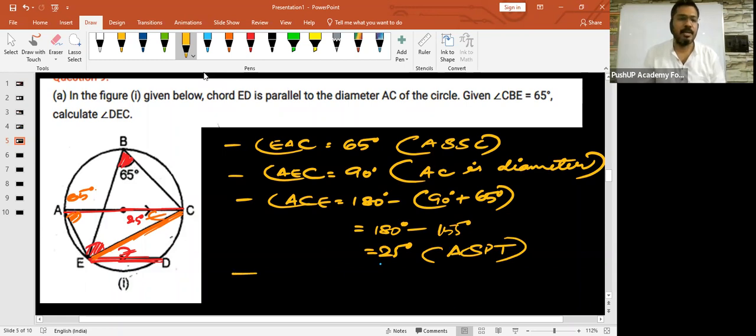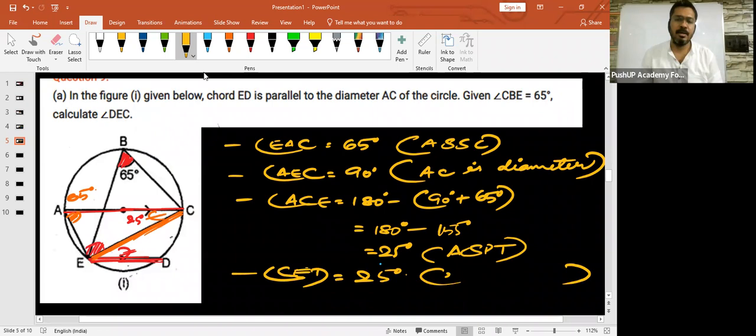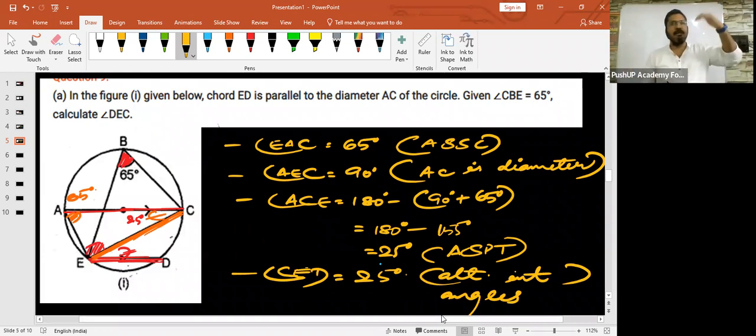Then the last one, angle CED is equal to what? 25 degrees. What reason you will mention here? Alternate interior angles. Over. Isn't it? So in a very short manner, you can cover up the solutions in circles and even similarities. You just need to write the statement, reasons, and over, isn't it? We shouldn't stretch it further. All right. I hope there is no doubt on this sum.